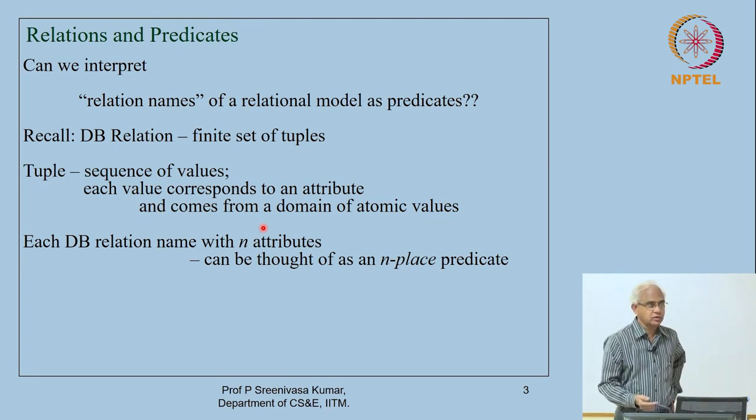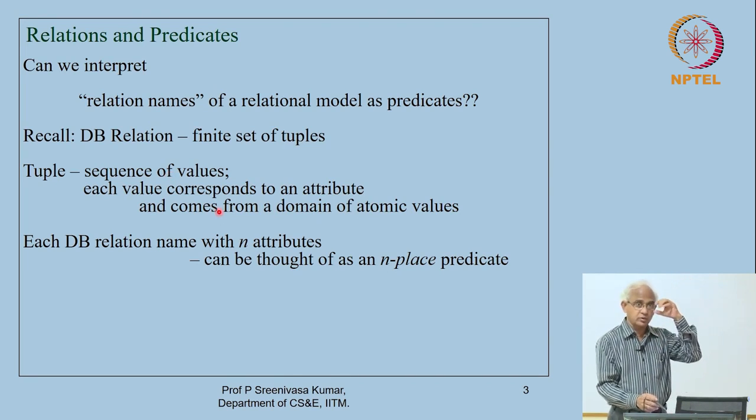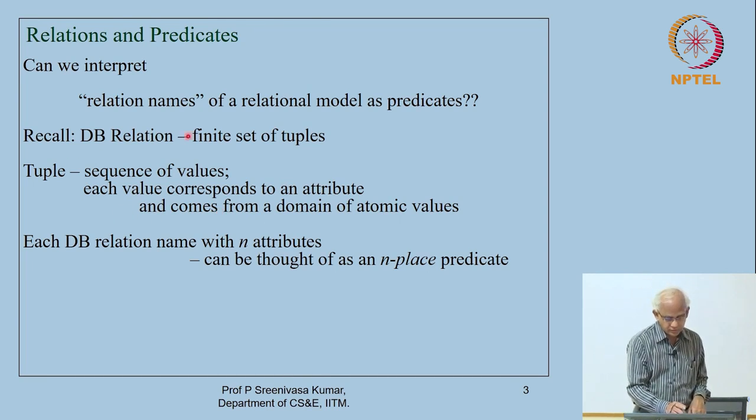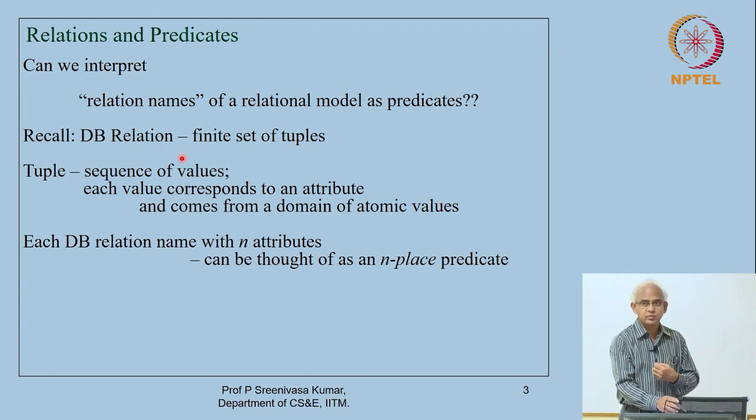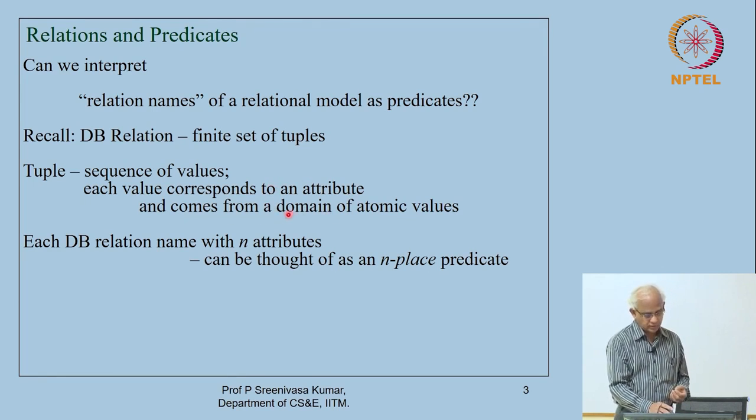So let us recall what is a DB relation. It is a finite set of tuples, and each tuple is a sequence of values, each value corresponds to some attribute, right, because the relation has a schema which is a sequence of attribute names, and these values correspond to those attributes, and each value comes from a domain of atomic values.